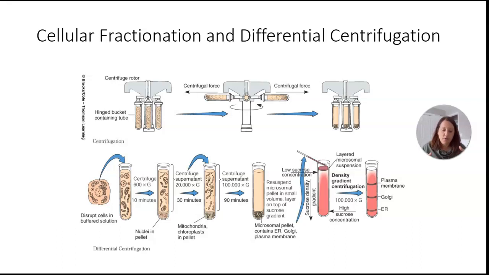So if you want to learn more about the biochemistry of the membrane, what is it made of? You can't do that with plain old microscopy. You have to actually separate out the parts and pieces of the cell and then study them biochemically individually.